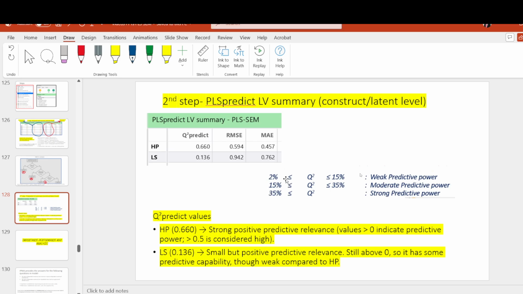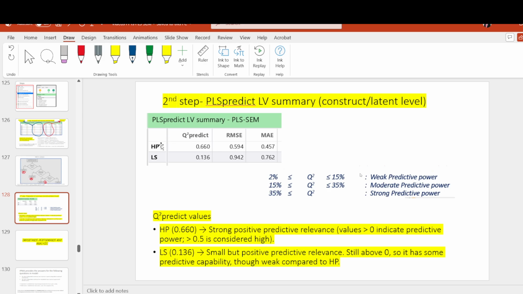If the Q square predict value is greater than 2% and less than or equal to 15%, it shows weak predictive power. If it is greater than 15% but less than 35%, it indicates moderate predictive power. And if it is equal to or greater than 35%, it indicates strong predictive power.